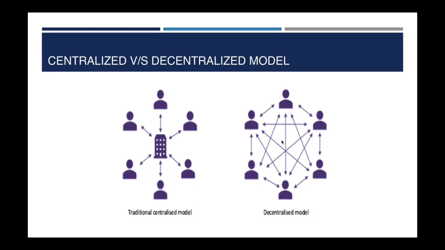Each of the peers can store their own data and they can communicate in the network freely. Here, as you can see, the data is more decentralized when compared to the left hand side where the data is centralized. In the decentralized model, we are not investing our trust on one organization. Instead, we are investing our trust on the network.